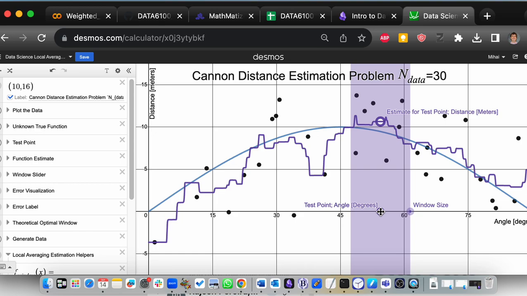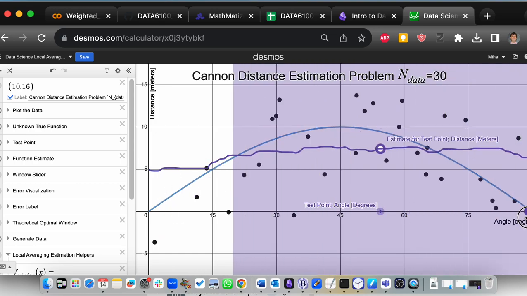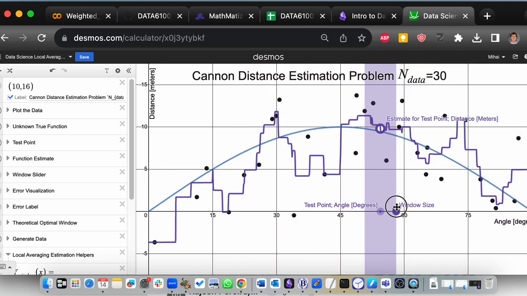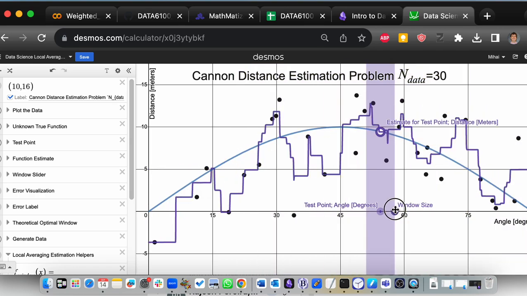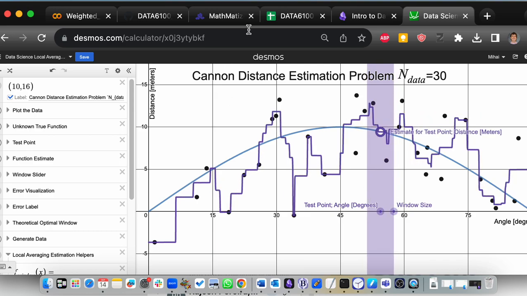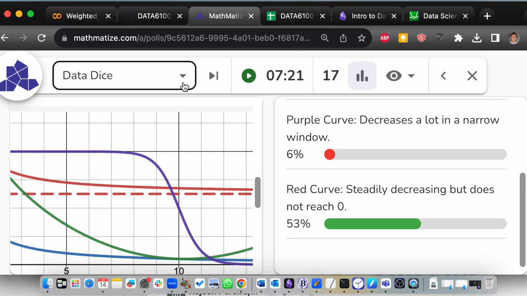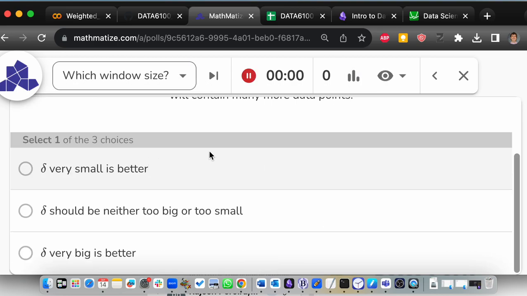So I know you probably saw the video already, but was there anything that was unclear? Okay. So let me put to you the question, how should we set the size of the window? Should we pick a very big window, or should we pick a very small window? And this was discussed in the video, so if you watched the video, you will know already the answer. But to see what you think, I have put it into Mathematize.